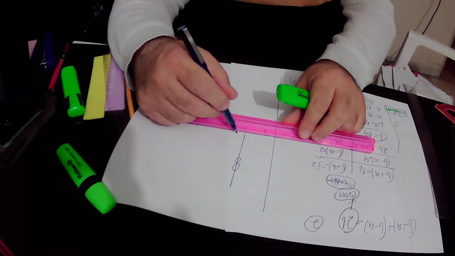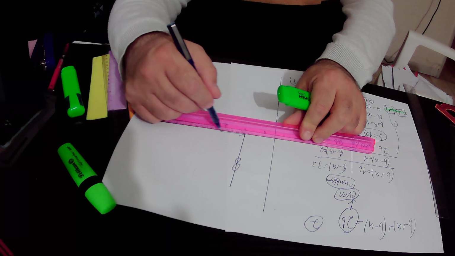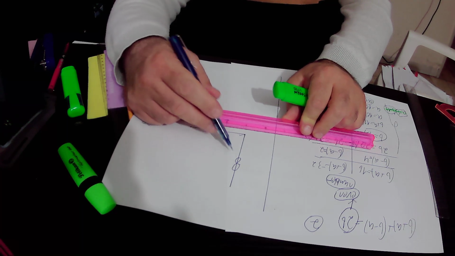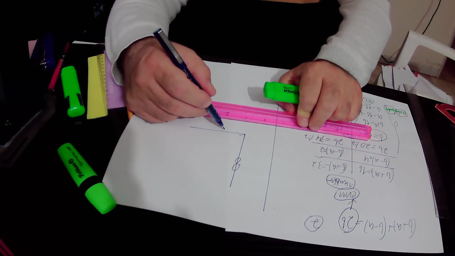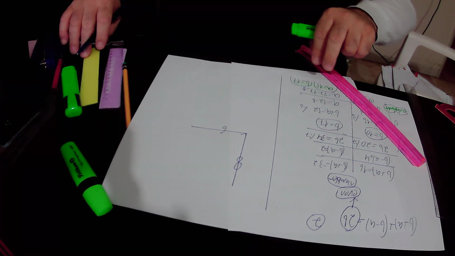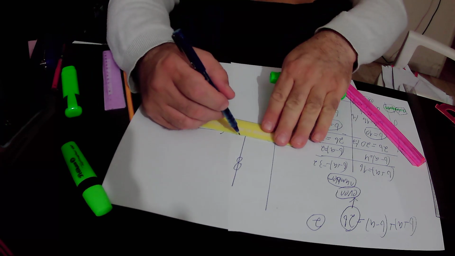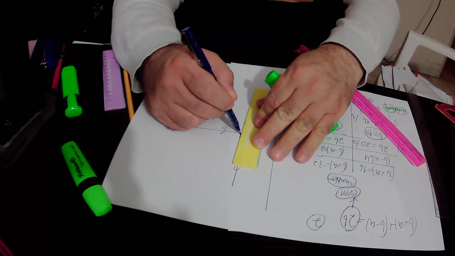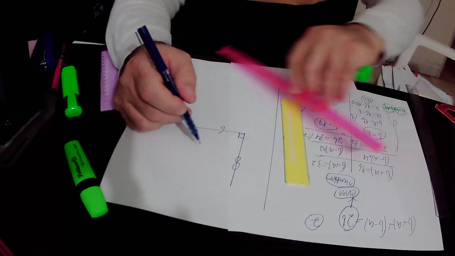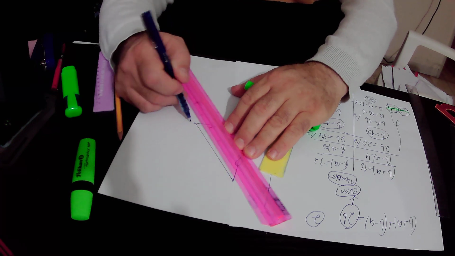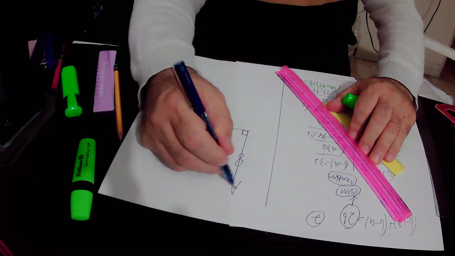And we also found out that the second perpendicular is 6 units, and the hypotenuse equals 10 units. This is the right triangle ABC.